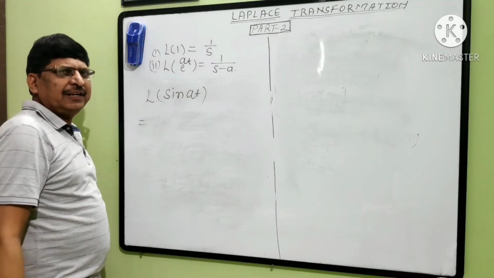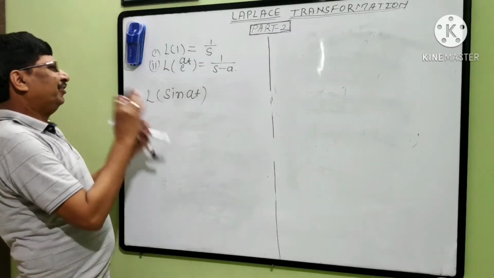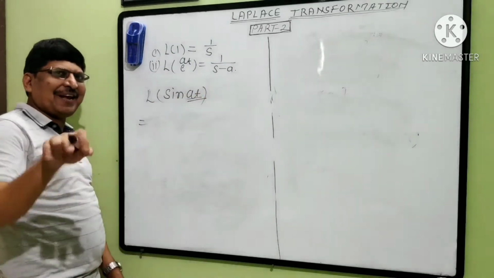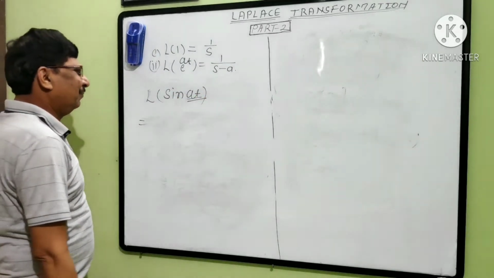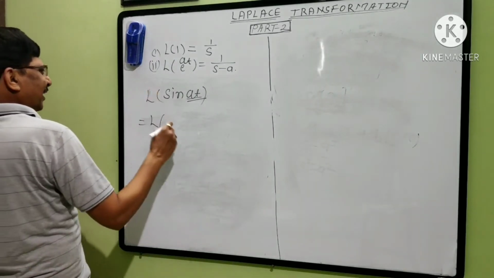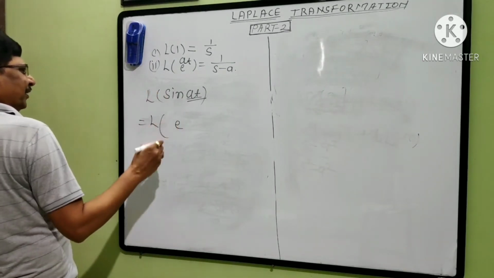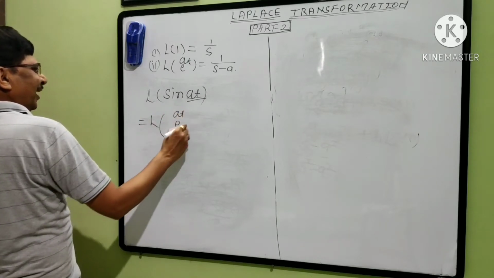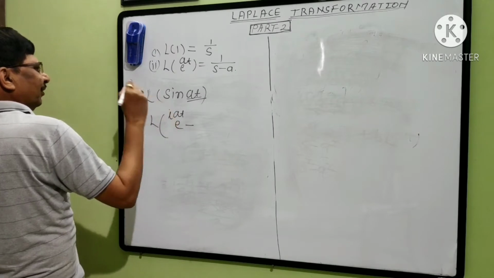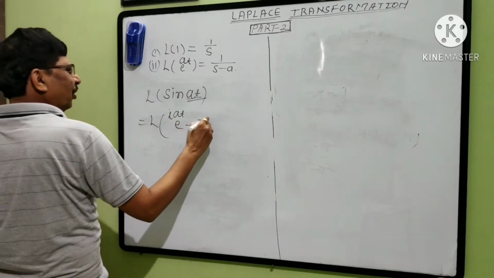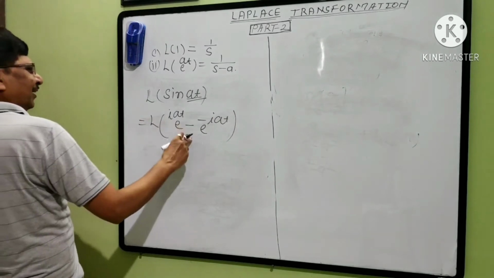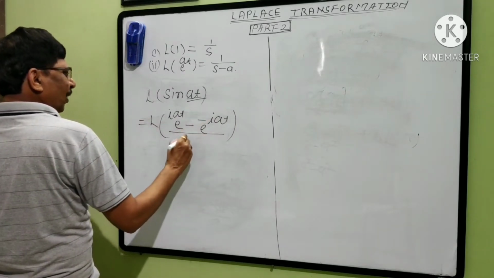Observe there is no h, so it is the simple sine function, actually circular sine. What is the definition now? Sine theta is (e raised to i theta minus e raised to minus i theta) upon 2i.